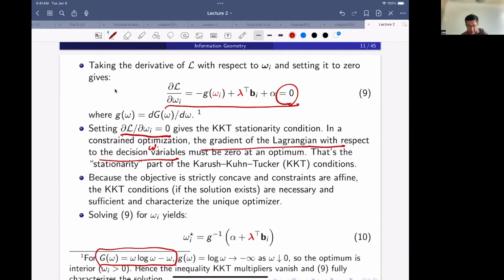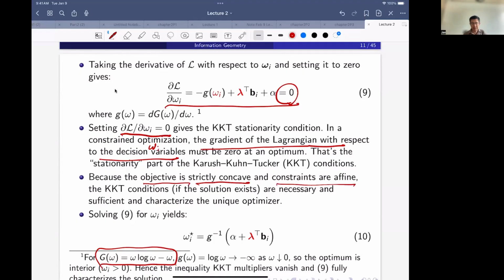And then there are some additional details: this was actually a necessary condition, but it can also be sufficient if it satisfies some additional conditions, like the objective is strictly concave and the constraints are affine. Then these KKT conditions are also sufficient, not only necessary.